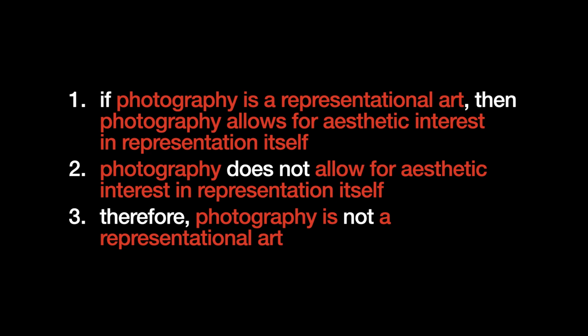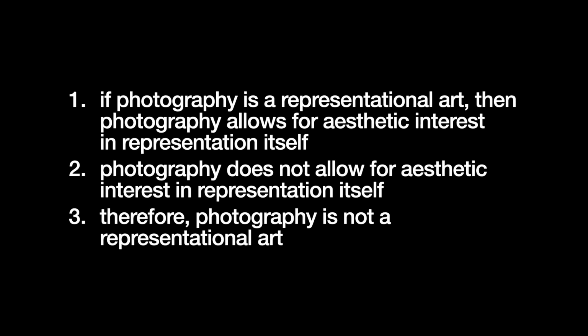And now the conclusion: therefore, photography is not a representational art. Here all I've done is just replace these P's and Q's with the specific assumptions that Scruton has been making about representational art and photography.